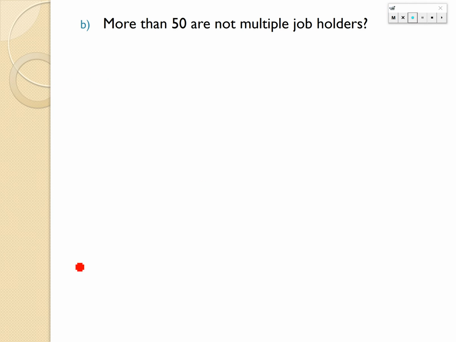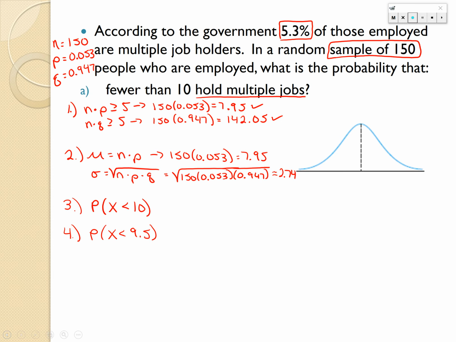Step 5 says to find our z value. And all we're doing, guys, I wrote this down on the procedure table there, it's just our plain old z-value formula. We're not looking at a sample mean. We're just wanting to see if fewer than 10 hold multiple jobs. There's nothing about a mean mentioned. We don't have to do anything with central limit theorem.